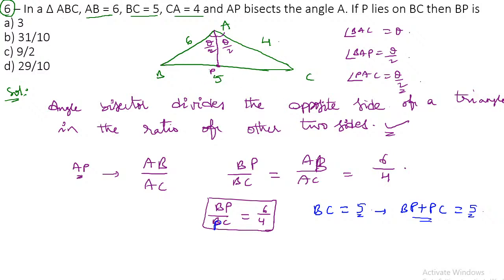BP by PC is equal to 6 by 4, and from here we get PC is equal to 4 into BP by 6. If we interchange the denominators and numerators, PC gets this side and 4 gets into the numerator on the left side. So PC is 4 into BP by 6, and we just substitute this here.